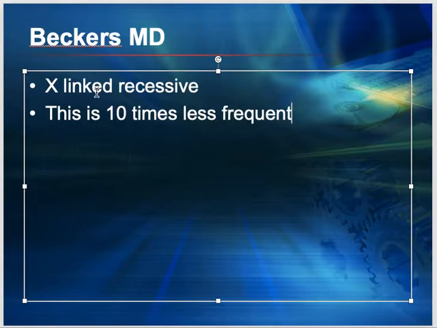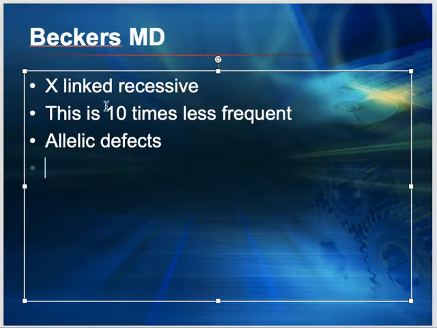Now, this one again results from the same dystrophin gene which is responsible for Duchenne, but this one results from allelic defects. So you can say in this way that they produce dystrophin but not enough.